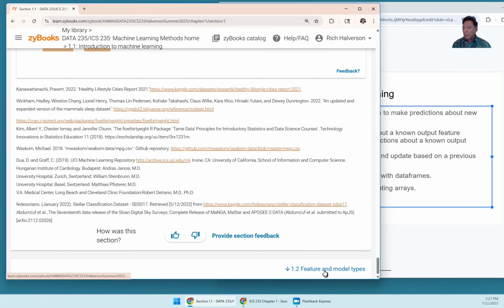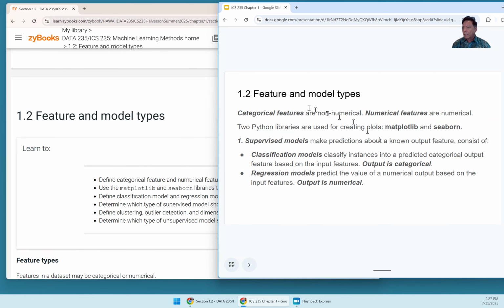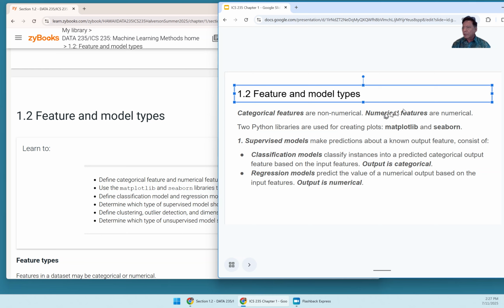And so in section 1.2, here we learn feature and model types. We learn that there are categorical features and numerical features. Categorical features are a category, red, green, or blue, or the street they live on, or whatever.